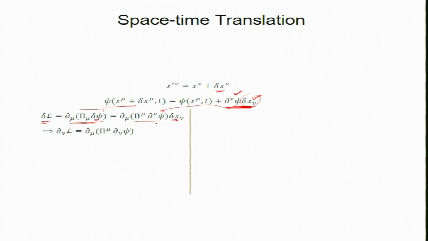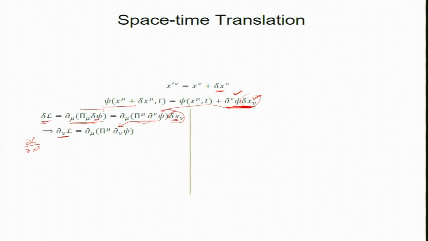So, from here it follows that partial L partial x nu will be this object. I am slightly doubtful how we can take this object outside. I have taken this outside the derivative, but let us ignore that complication.